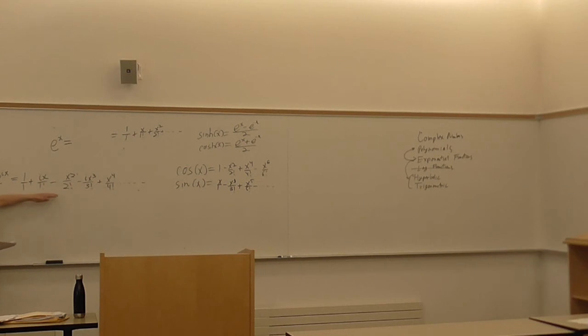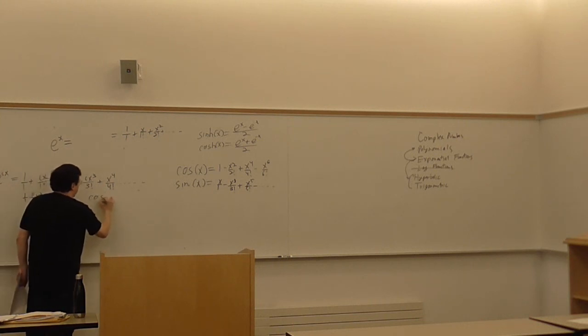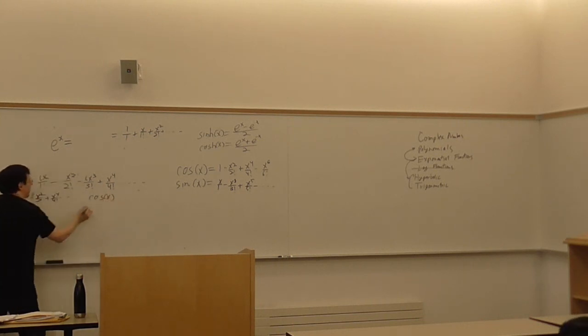Well, if I divide out the imaginary and the real here, for the real part I end up with 1 minus x squared over 2 factorial plus x to the 4th over 4 factorial. This is just cosine of x.